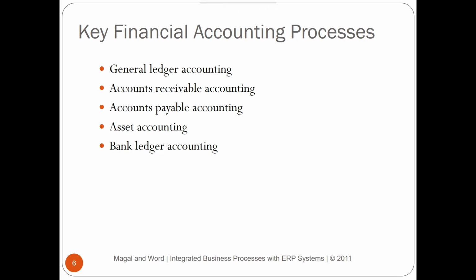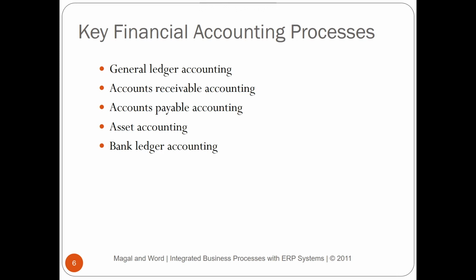The next one is accounts payable accounting, which is associated with the procurement process, or buying process. Companies use accounts payable accounting to record and manage money owed to the vendors for the purchase of materials and services.